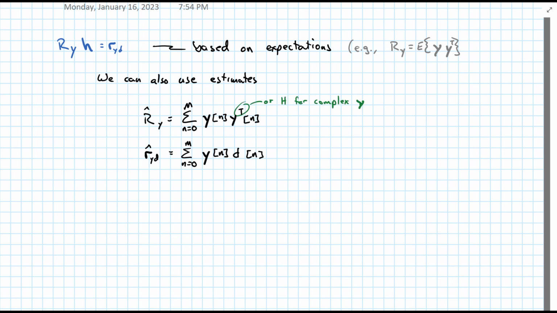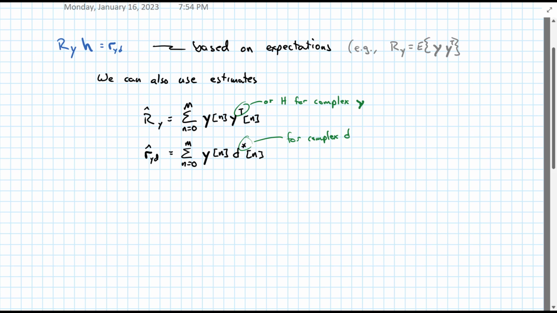Now, if we have complex, that transpose turns into Hermitian transpose, or complex conjugate transpose. And in the second case, for complex systems, the complex conjugation goes on d, like so.